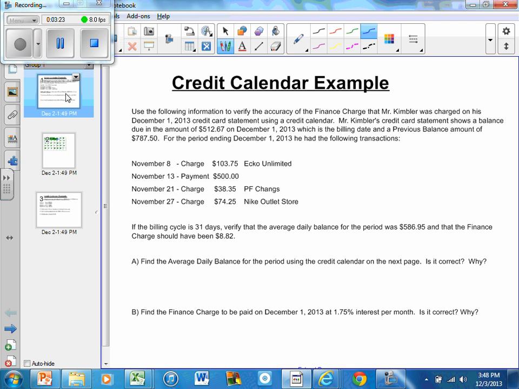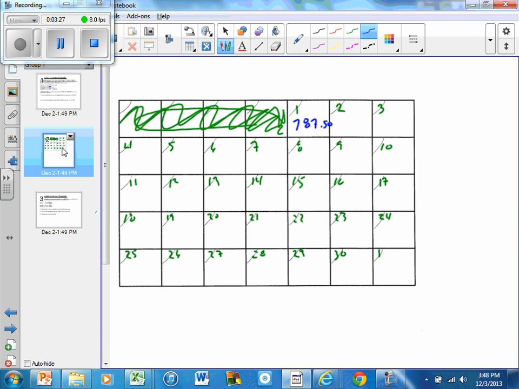And on the 8th, we are going to add $103.75 to our balance. We can go through and make sure that our balance stays at $787.50 for every one of these other days. Now, on a go-forward basis, I'm not going to write in all these numbers.